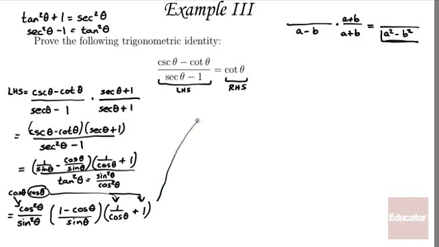So that'll leave me with just one cosine left. Still have sine squared in the denominator. 1 minus cosine theta over sine theta times, now cosine theta times 1 over cosine theta is 1 plus 1 times cosine theta.